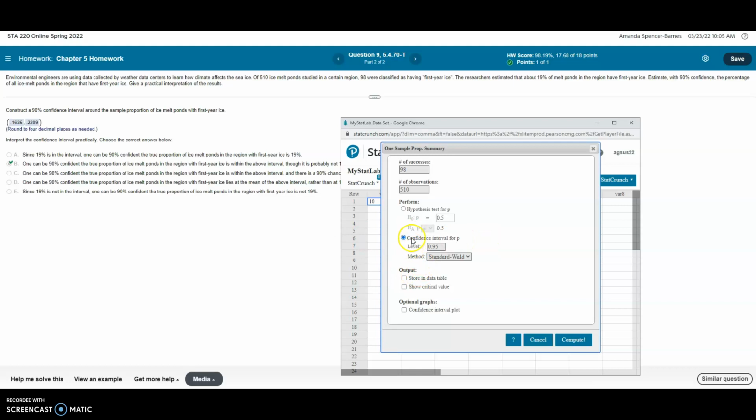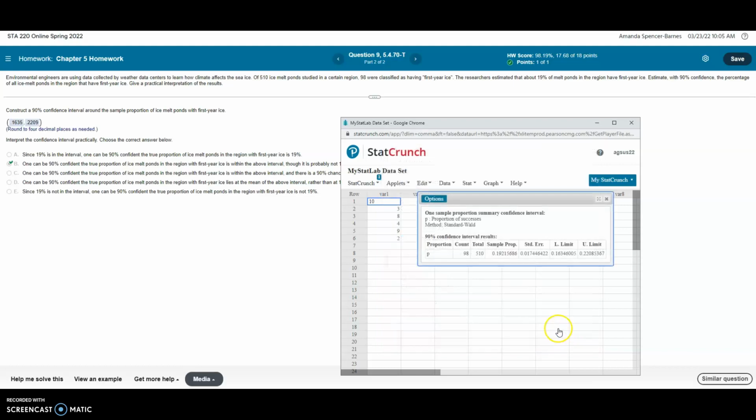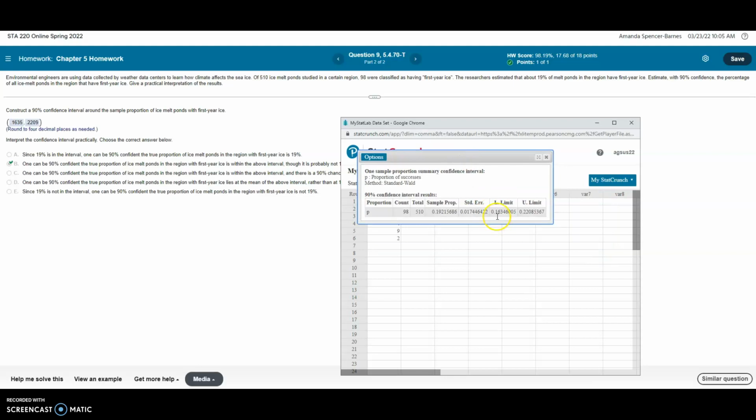So we change this option to a confidence interval. We change it to 0.90 and we hit compute. And so we are getting our confidence interval to be 0.1635 and 0.2209. Okay, so that's how you would enter a proportion question.